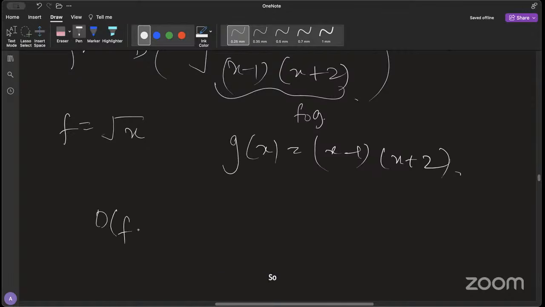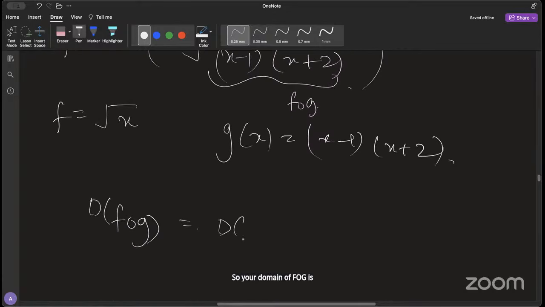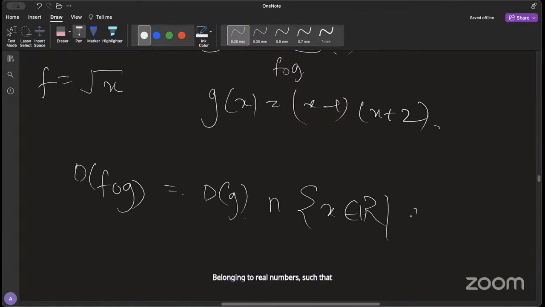So the domain of f∘g is the domain of g intersected with the set of x belonging to real numbers such that g(x) is in the domain of f.